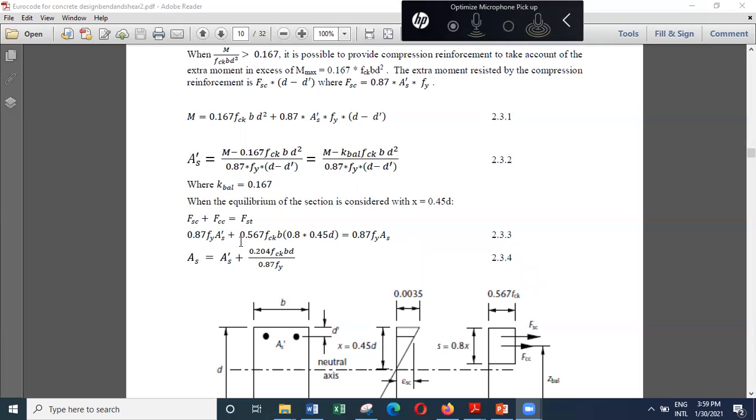So we consider the condition that when the section is having a moment more than the singly reinforced moment carrying capacity, all the excess moment is now carried only by the additional reinforcement provided.